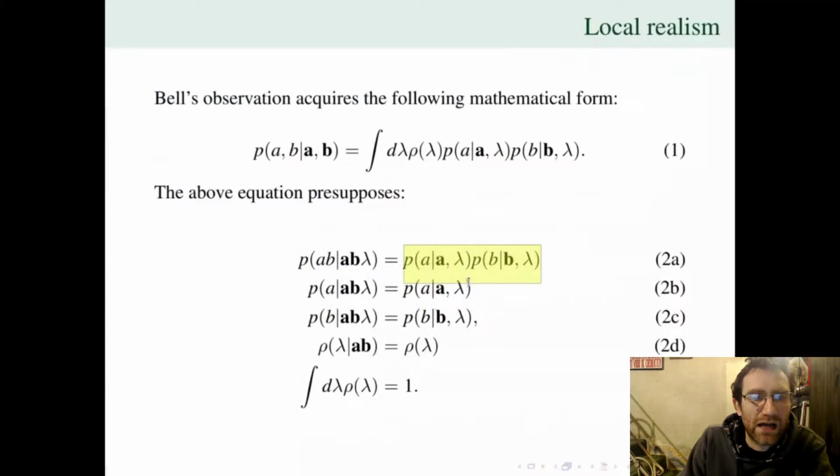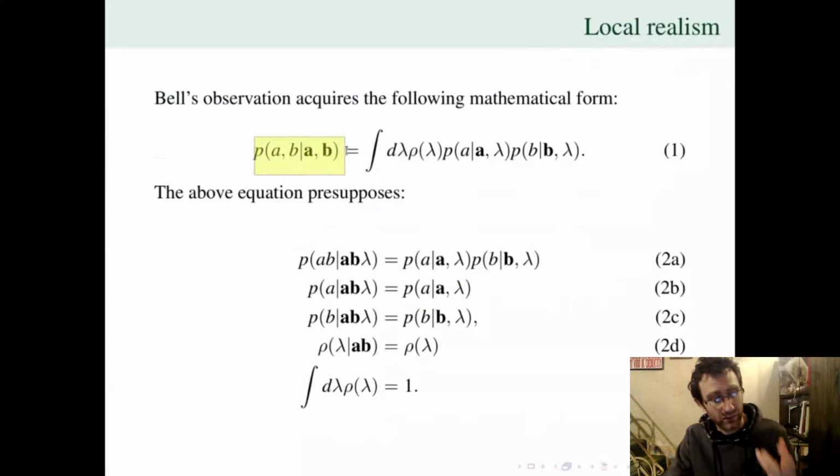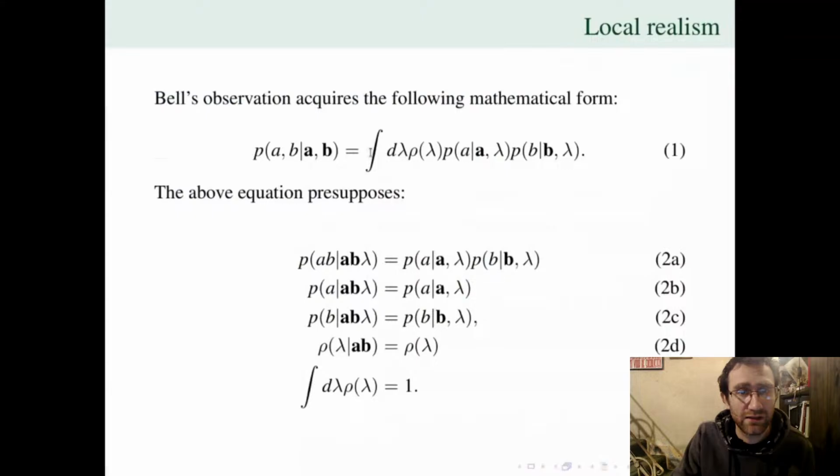And under the local realism assumption, you can write down the physical probabilities, the ones that you can observe in the laboratory, in this way as an integral. And the hidden parameter lambda is governed by its own probability distribution, which obeys the standard normalization.